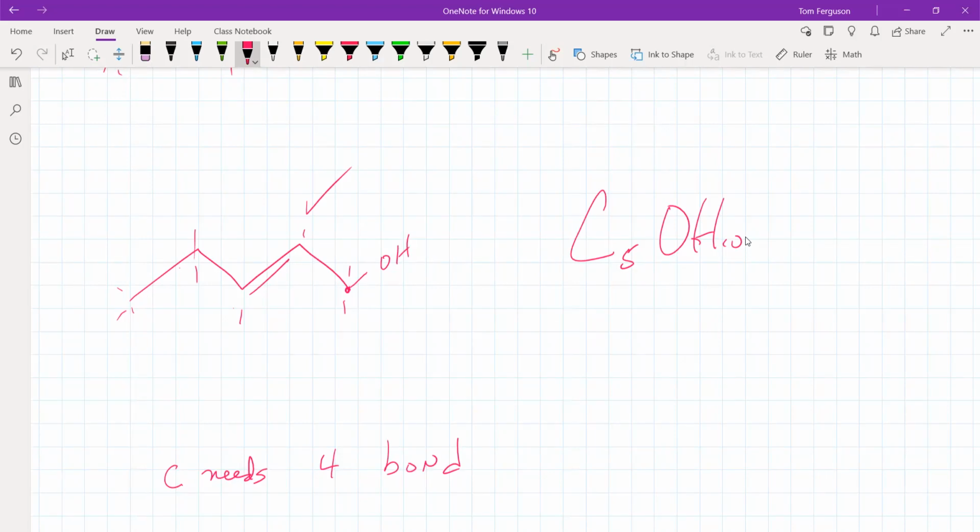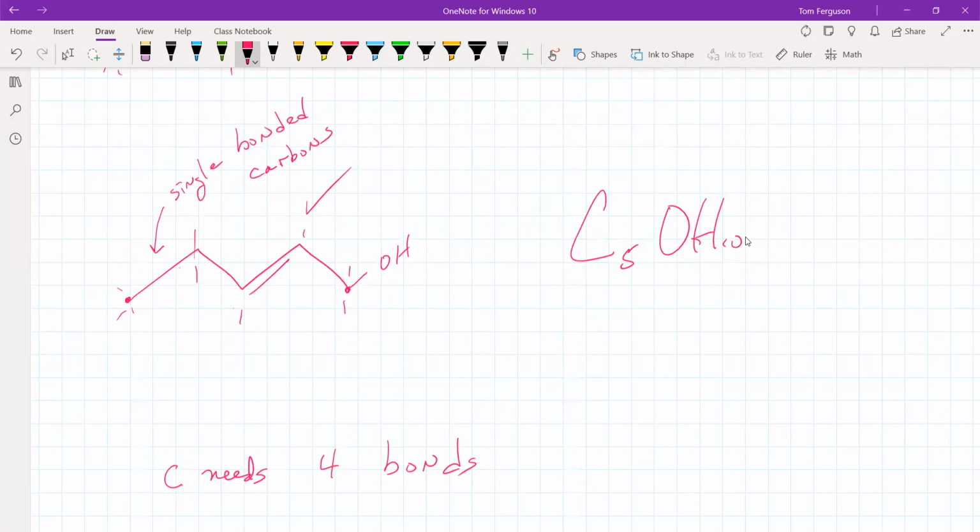Okay, so figuring out how many hydrogens. Carbon needs 4 bonds. Typically, with single bonded carbons like this here, you need 4 bonds for this end carbon right here.